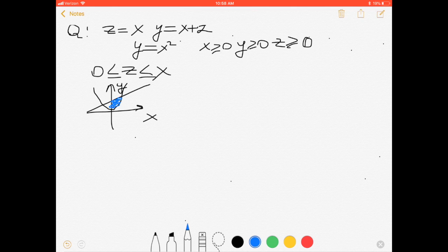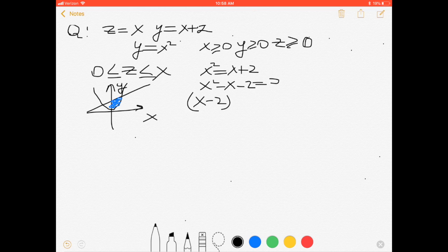Okay, solving the equation where the parabola intersects our line, we have x squared equals x plus 2, so x squared minus x minus 2 equals 0, and this means x minus 2 times x plus 1 equals 0.